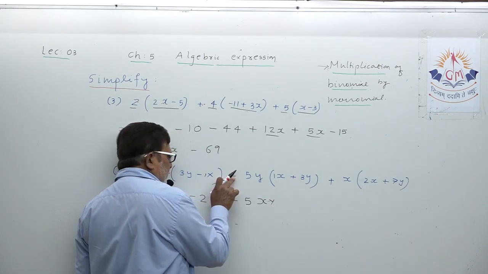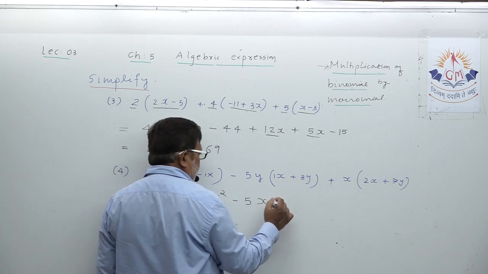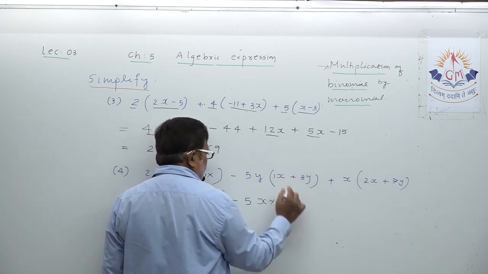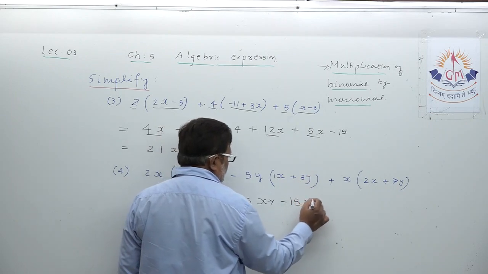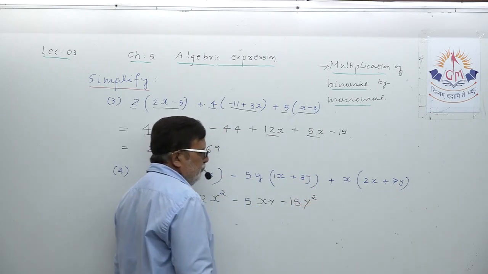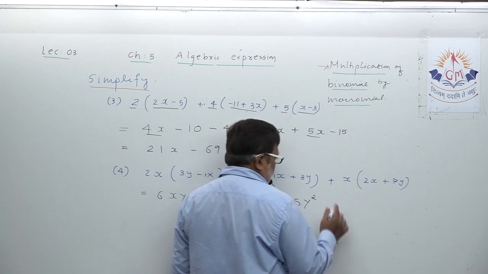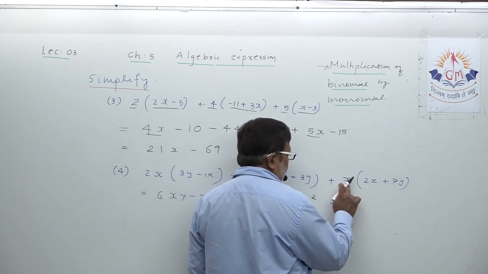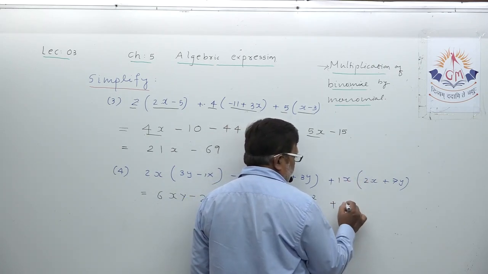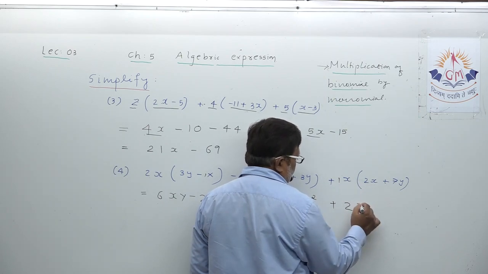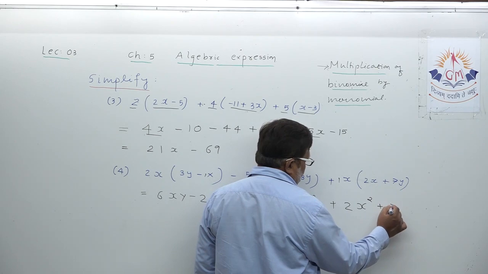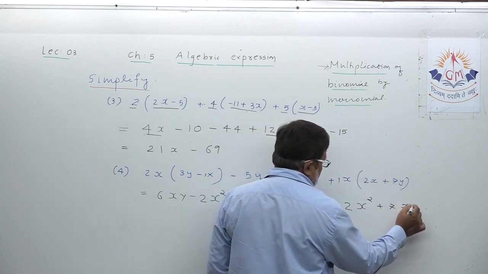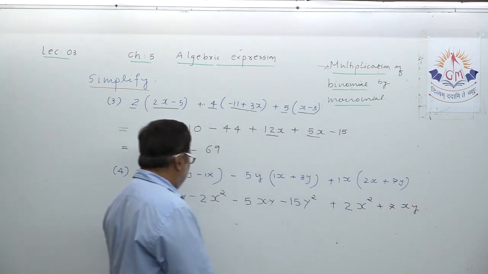Now be watchful, minus plus minus, 5 3s are 15, y into y, that is y square. Now concentrate here, plus 1 1s are 2, x into x, that is x square, 1 into 7, that is 7, x into y, that is xy.